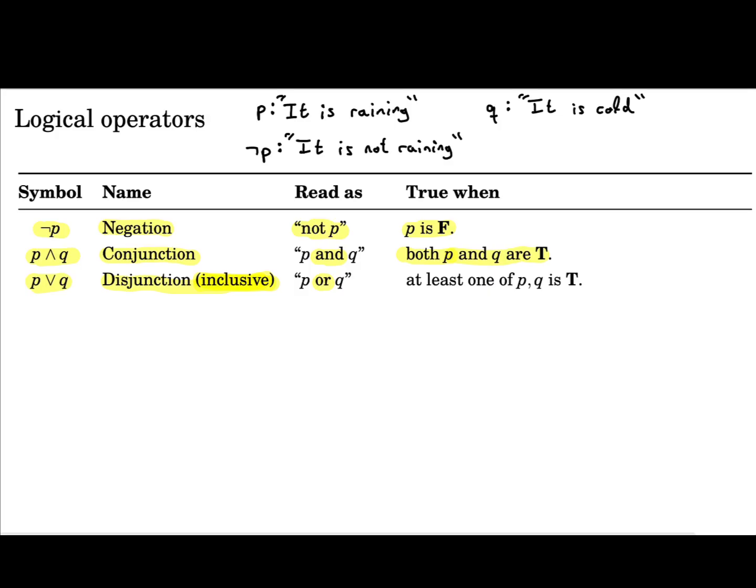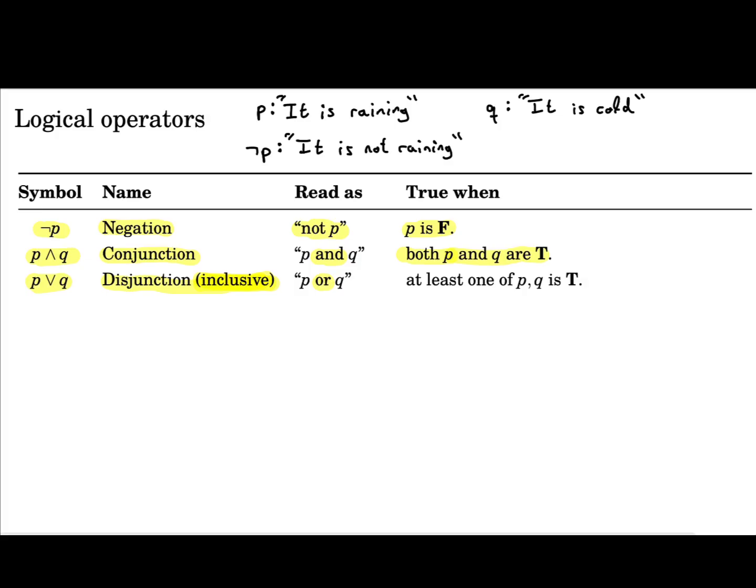This will be true when at least one of them is true, which means it'll be true when P is true or Q is true or both P and Q are true. That's why it's called inclusive, because it includes the case where both of them are true at the same time. So in other words, it is raining or it is cold will be true when it is raining, when it is cold, and also when it's both raining and cold.